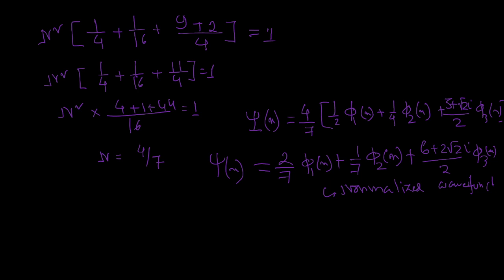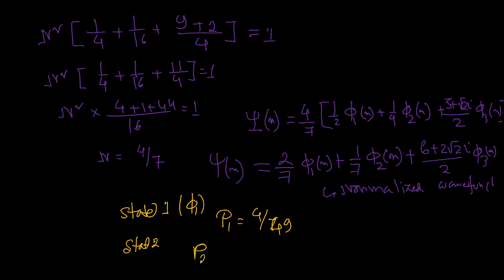Okay. So coefficient square is nothing but a probability. So for state 1, phi 1, the probability will be 4 by 49. State 2, probability is 1 by 49.